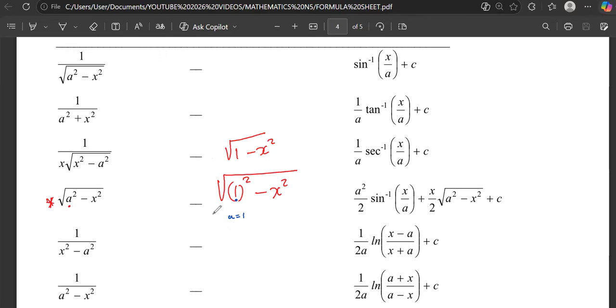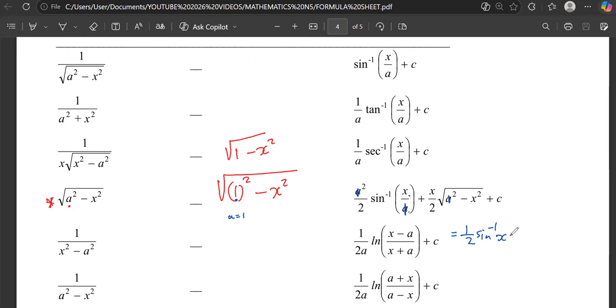So wherever we see a on this integral, this is the integral that corresponds. Wherever we see a, we're going to put a 1. So this is a squared, that's 1 squared. This is a, we're going to put a 1. So it means we're going to obtain 1 squared over 2, arc sine of x over 1, which is x.